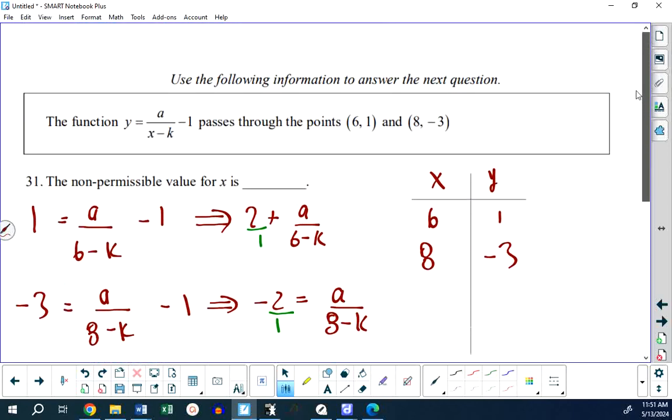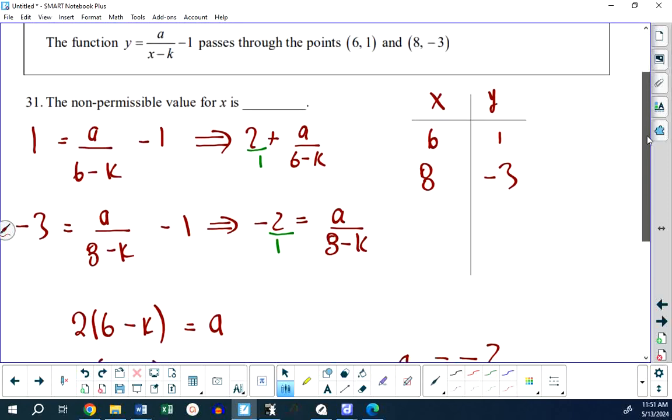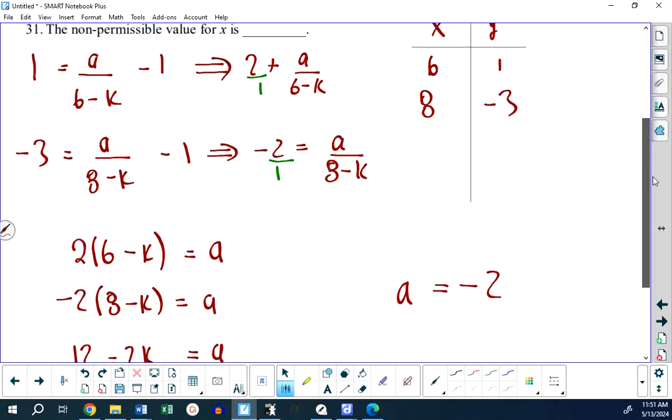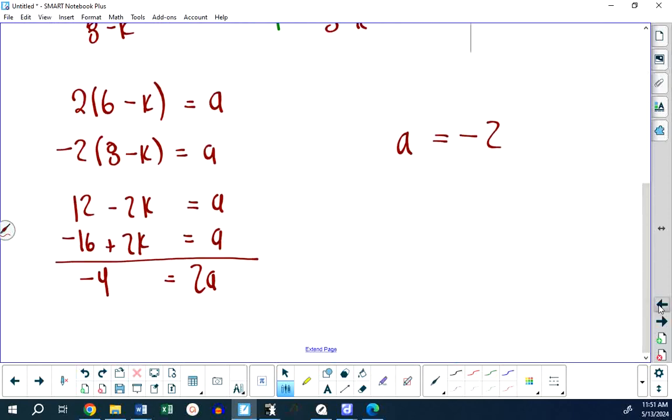I just want to see what the format of this question is. Oh, it's the non-permissible value for x, which means it's k. So we're not done yet. I have to take, doesn't matter which equation. Put your value of a in that we got, which was negative 2, and then you can solve that. Is that okay? All right.